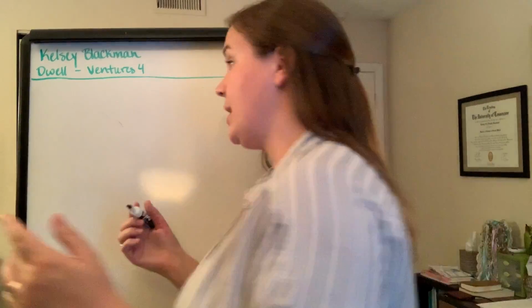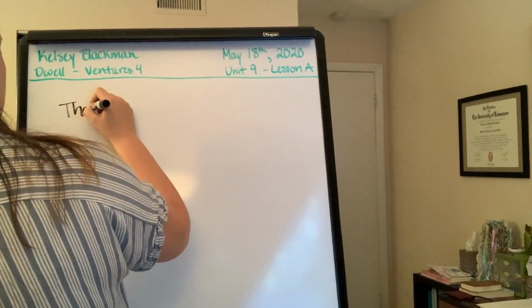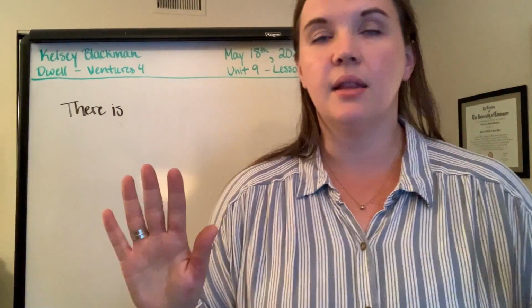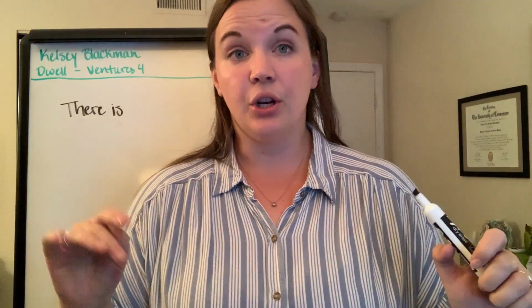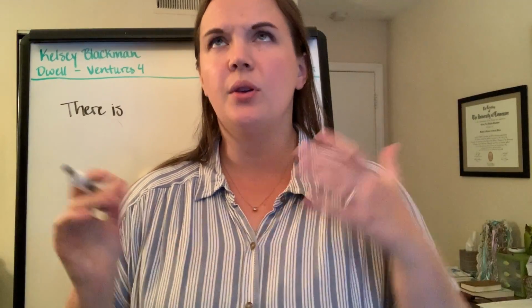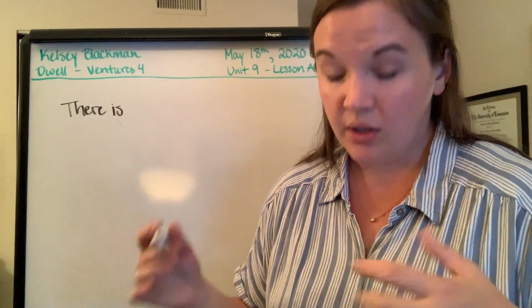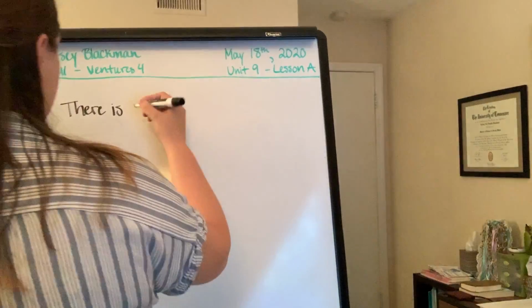there is habitat loss. Well, okay, I want to use the connector so. So how would I do that? Say there is habitat loss, so animals are moving into towns and cities.